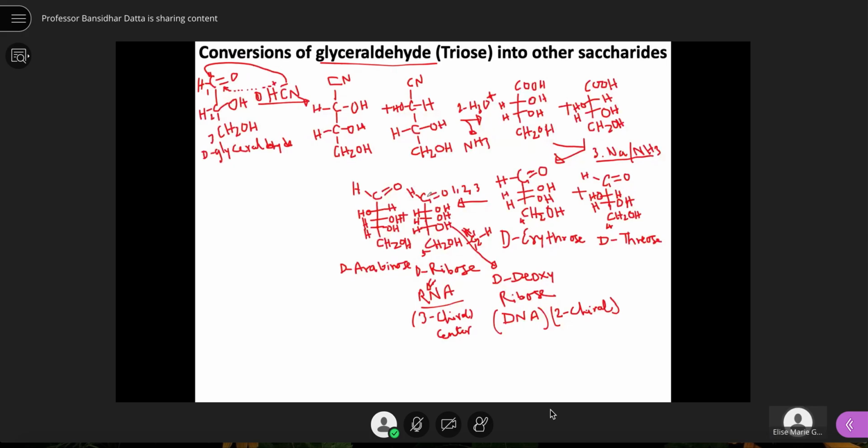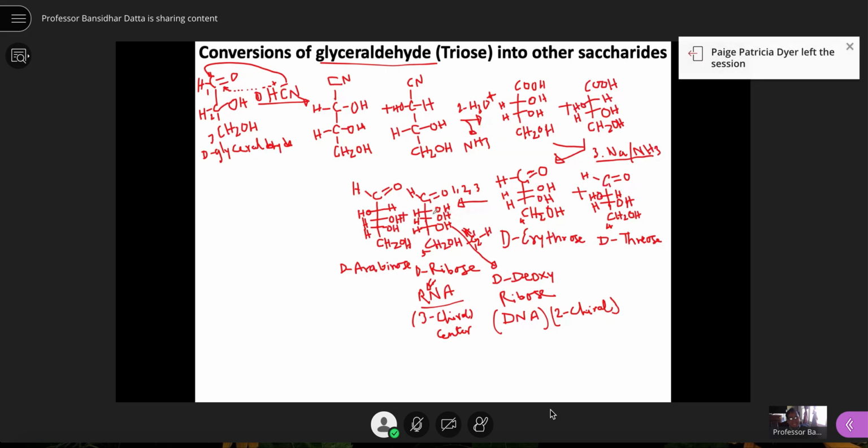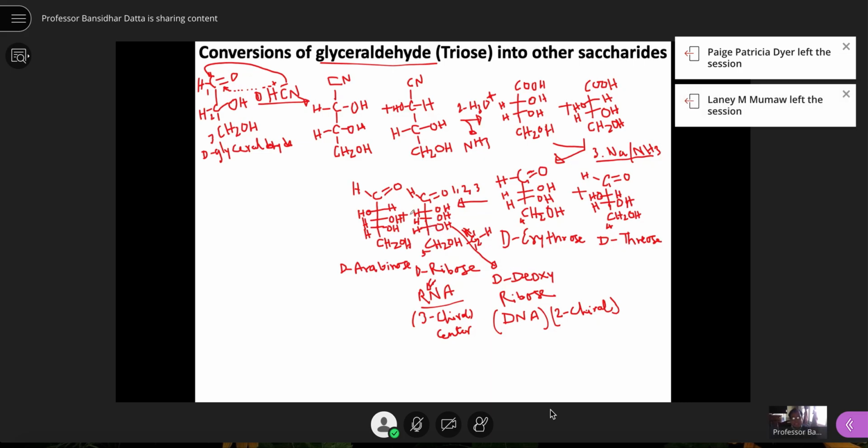Then carbon number 2 has the aldehyde group, a hydroxyl group, hydrogen, and the rest of it, which is a different group. It's a big group. So you have to consider the whole thing, not just the immediate carbon. Good point. Any other questions? All right, let's move on.